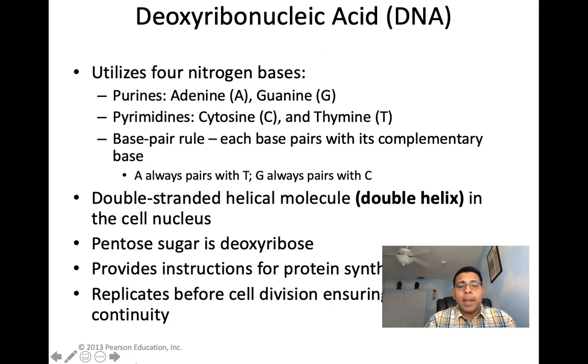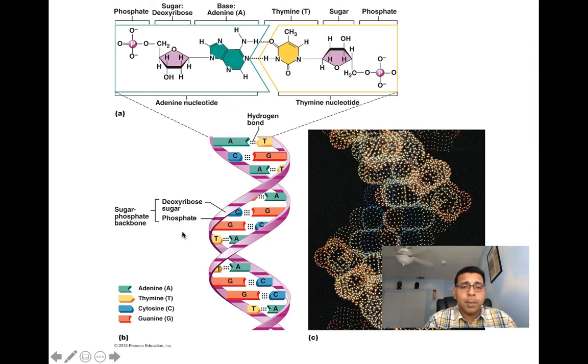The DNA is going to replicate before cell division. So before our cell divides, our DNA is going to replicate, ensuring genetic continuity, making sure that the cells that are going to come afterwards have this genetic information in them. So again, here we can appreciate a DNA strand.